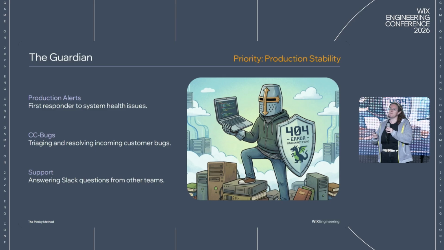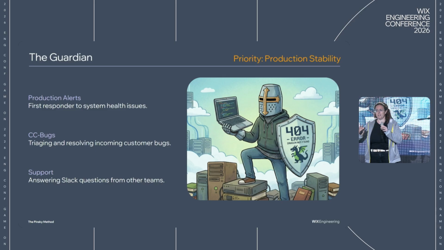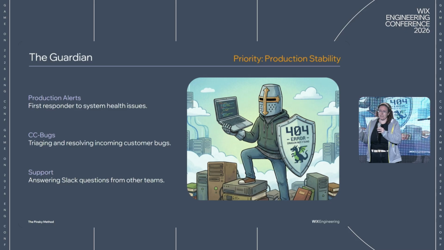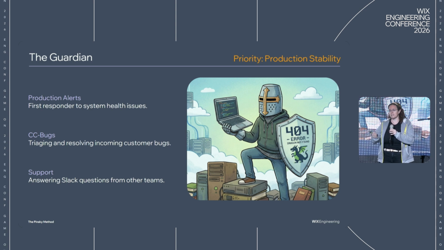So the guardian's main priority is production. What does he handle? He handles, obviously, production alerts. So answering them, figuring out the problem, handling them. He handles CC bugs that come from customers. He gives support to other teams. So in ecom, we get a lot of other teams that are using our platform and are asking for our support.